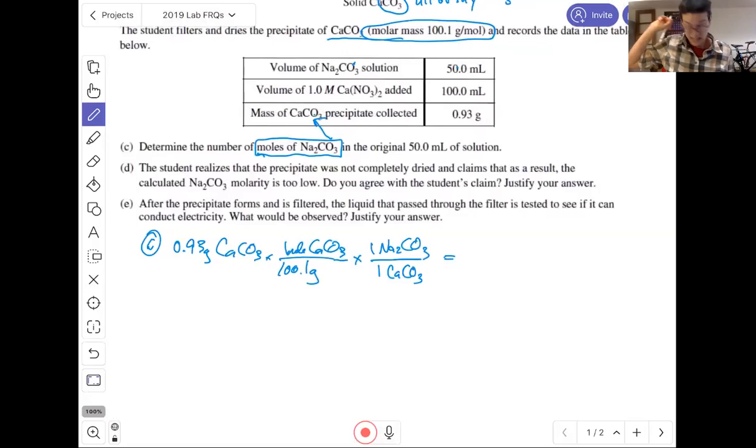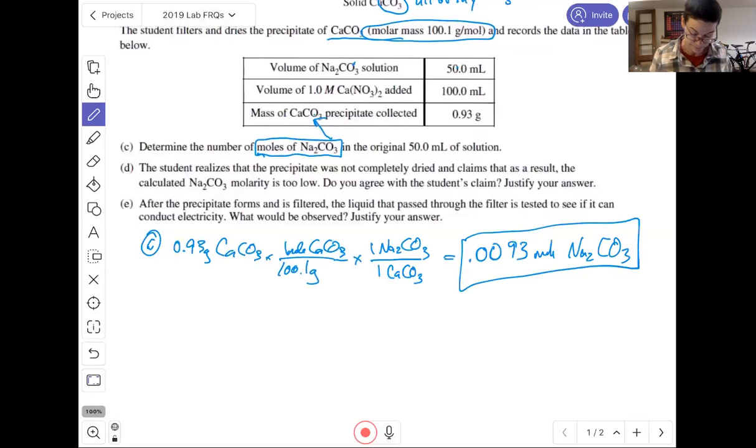And you would do that, and it's going to be a small number. How many significant figures will that number be? 2. So 0.0093 moles sodium carbonate. Box your answer for the old people.